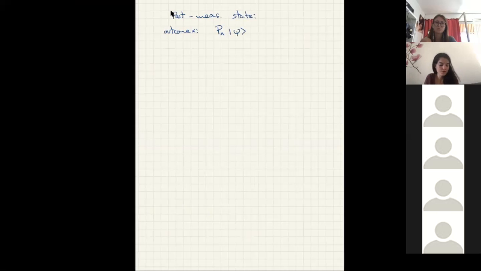So for example, if we got outcome 1, this meant that the particle was inside this box, from x1 to x2, and the post-measurement state is going to be divided by the probability, because we need to normalize it again. That's the only thing.